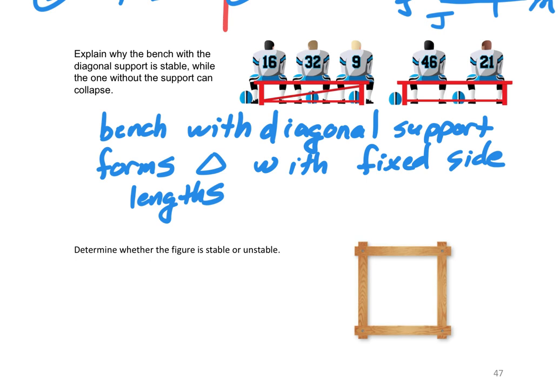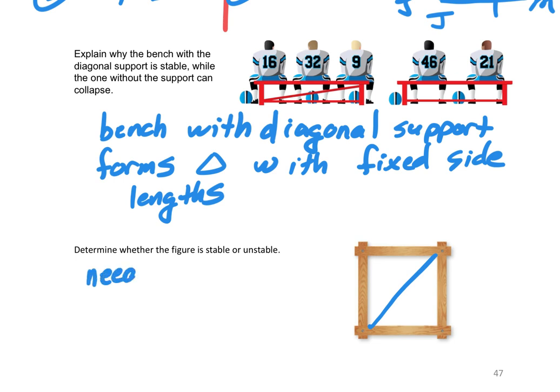So what would you think about this one down here, if we were to put this together? Is this a stable picture or not? No? What would we need to make this more stable? Yeah, we need a diagonal going this way, or we need a diagonal going the other way, okay? If I wanted to do really good, I could do both, you're right. But we need some type of diagonal, right?